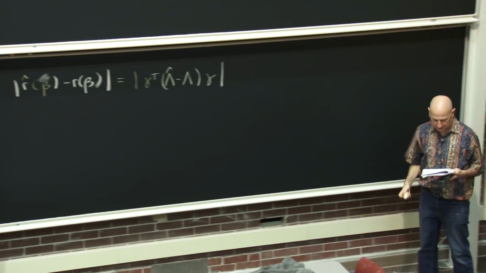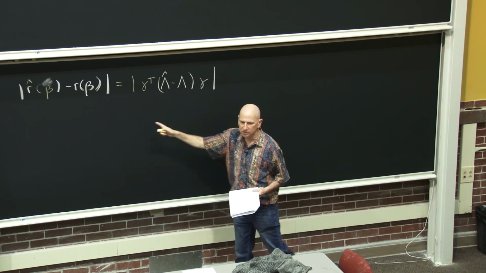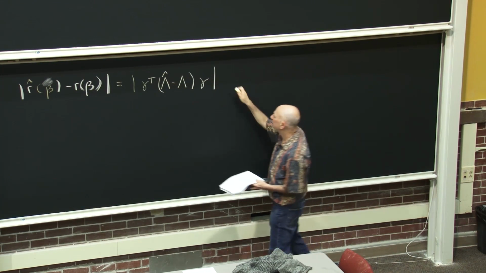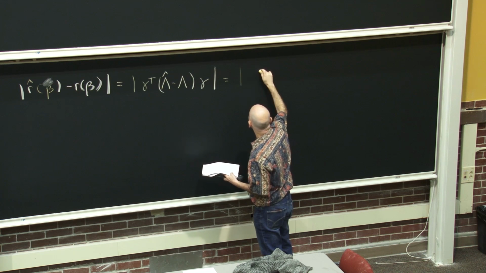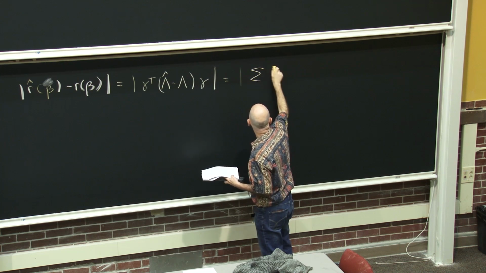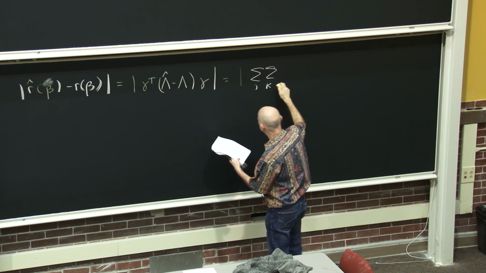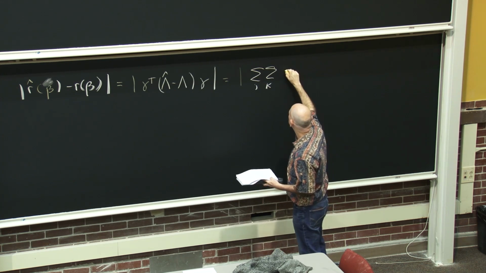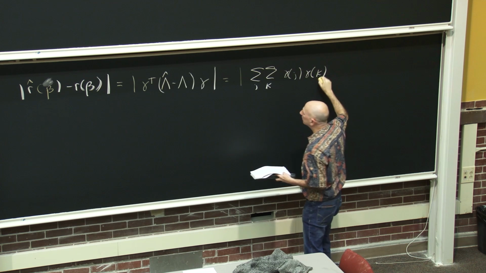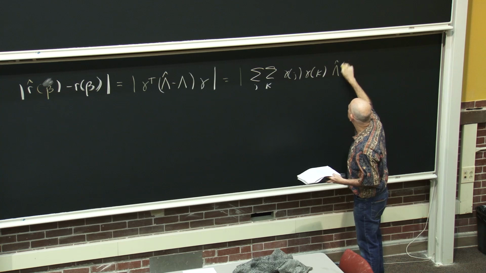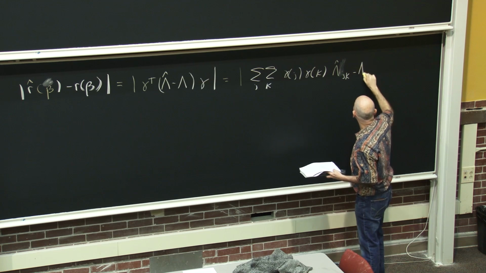Okay. And what is that? Let's just actually write out what this is. This is a quadratic form, so it's a double sum. The sum, double sum, over j and k, of gamma j, gamma k, and then lambda hat. I'll just write the jth, kth element this way.